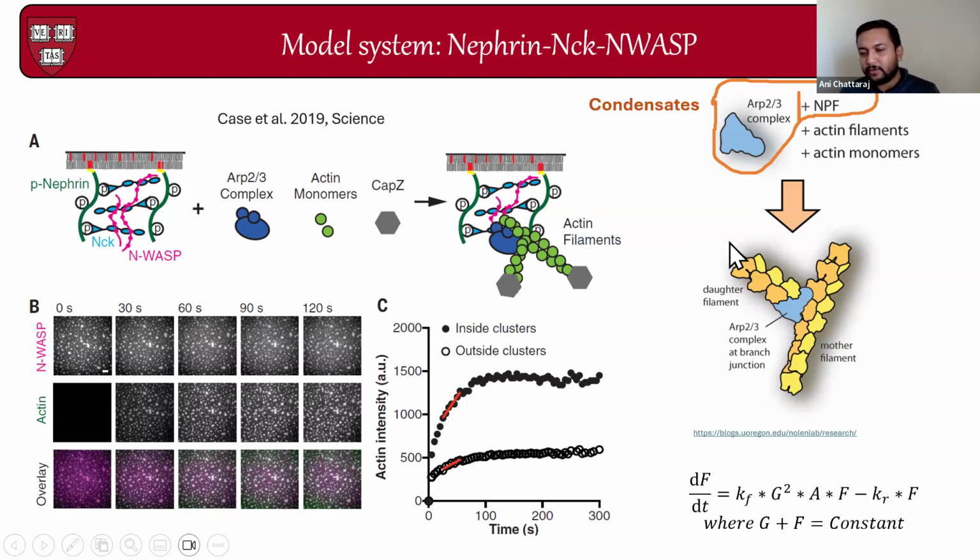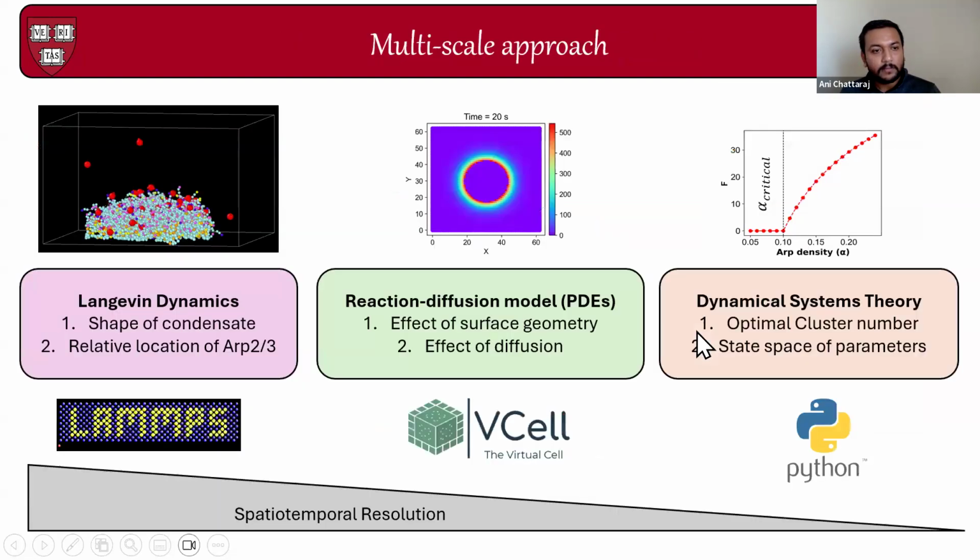There is G squared, because you need 2 G molecules to initiate the process, and I'm not going into the detail. Then there is an active Arp molecule, which is a necessity at this point. And then obviously there is a pre-existing filament, so there is F-actin here. So the production of F-actin depends on F-actin itself. So there is autocatalysis, or a positive feedback loop, in this particular process.